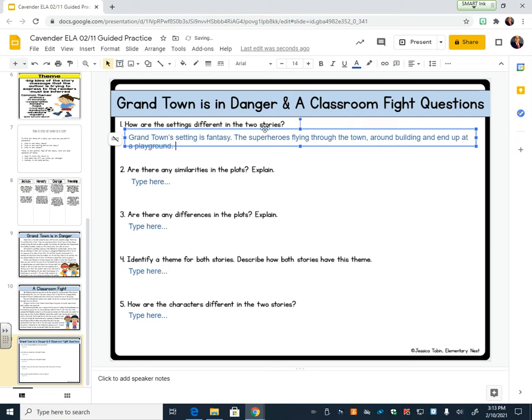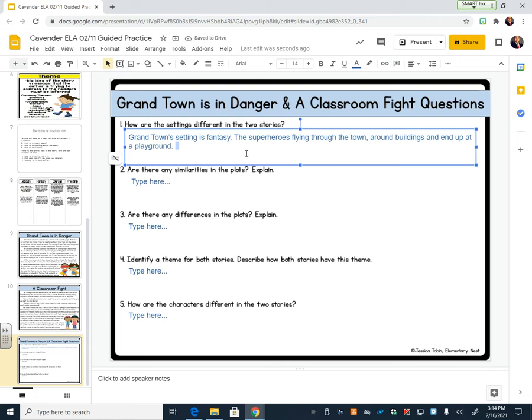All right. So the superheroes are flying through town around buildings and they end up at a playground. So that setting kind of changes from the beginning to the end. It starts with just Grand Town and then it ends with them on a playground.